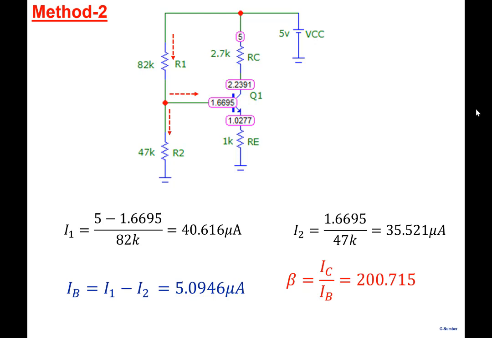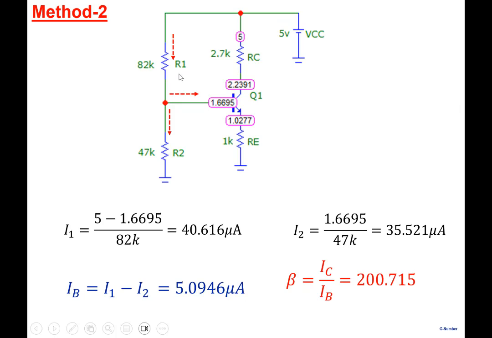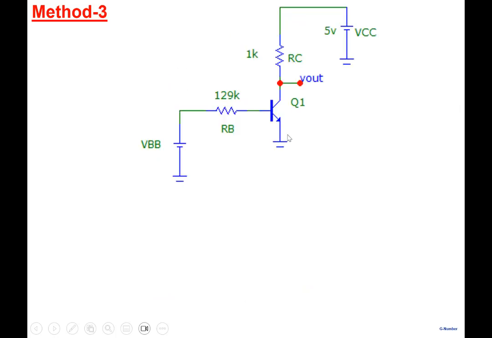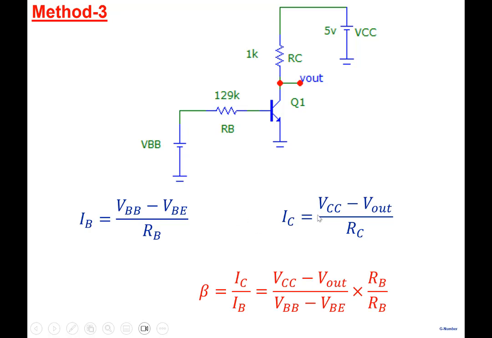Method 3: this person says, why are you making all this complicated circuit? Make a simpler circuit, apply some voltage here, and measure the voltage here, here, and here, and calculate. So IB equals VBB minus VBE divided by RB. That's the base current. Collector current is VCC minus Vout divided by RC, and you calculate beta by taking the ratio of IC and IB.